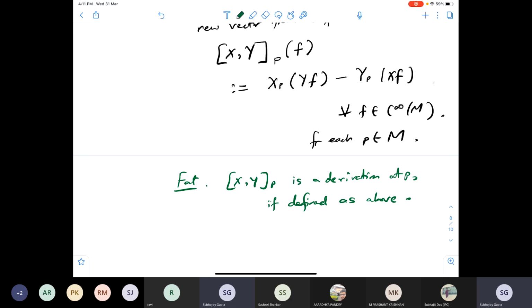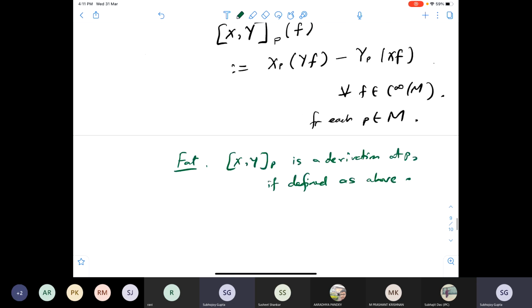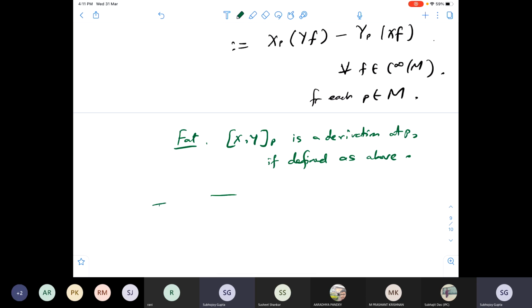All right, and the point is that, maybe I'll do it next time, but it turns out that left invariant vector fields on a Lie group G are preserved under this Lie bracket.